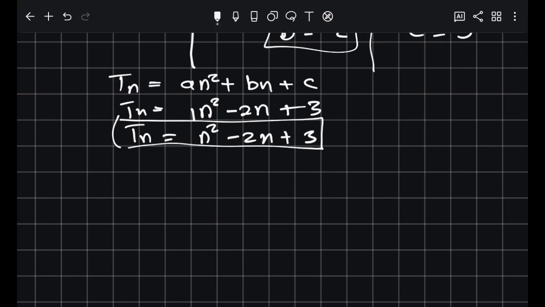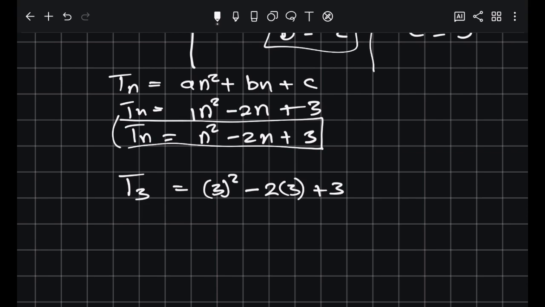All right. So we want to find T3 because our n is the position. In each and every place where there is n, we plug in 3, which is the position. So 3 squared minus 2 times 3 plus 3. That's a constant.